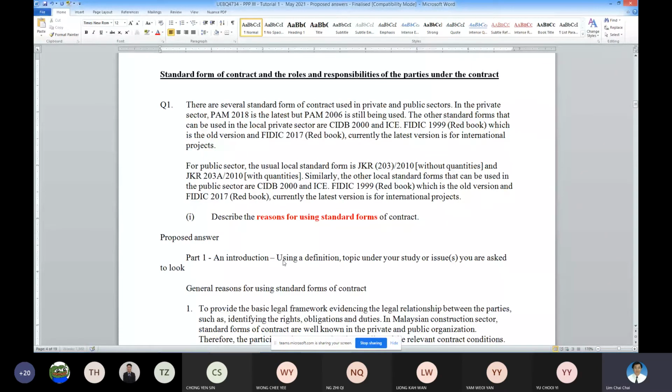These are the introductory part. It can be anything, just a warm up only, to tell that you know what is going on and what you are going to look into. So that is part 1. Then this will be your part 2.